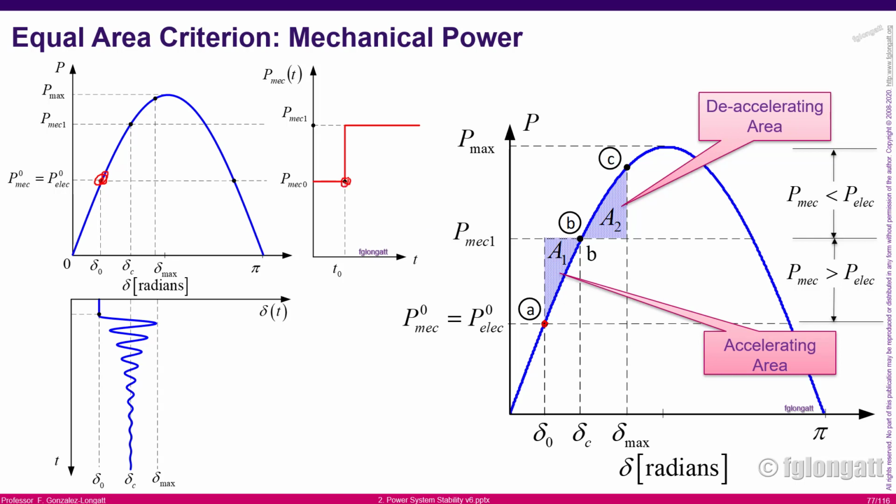Suddenly somebody increased the mechanical power from here to there, and this is supposed to be the final state. We are here, and in theory we want to reach this point over there.